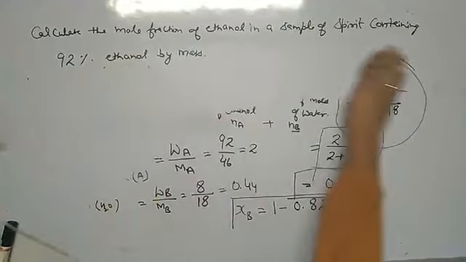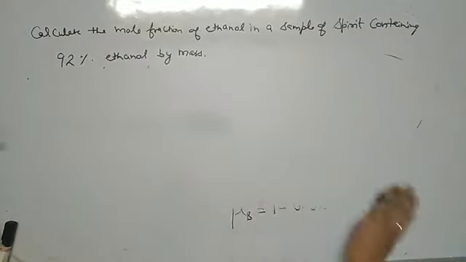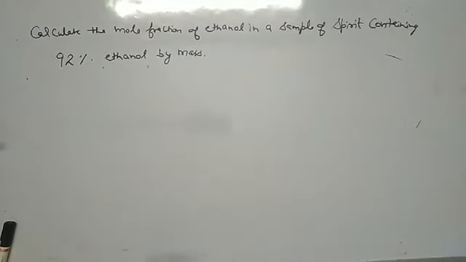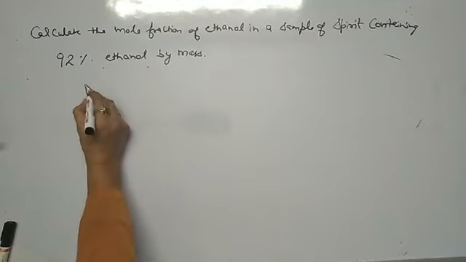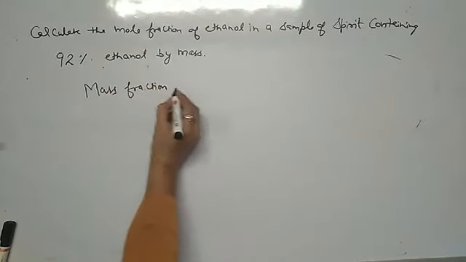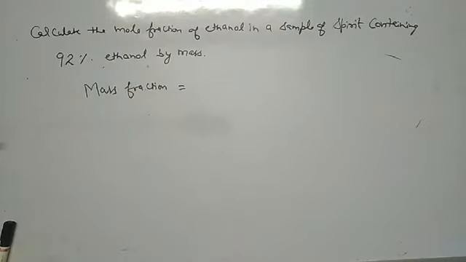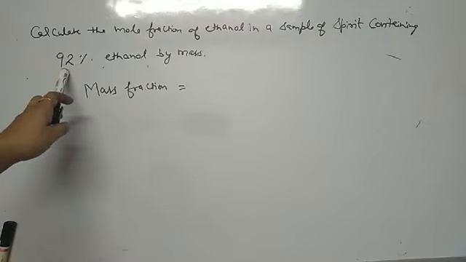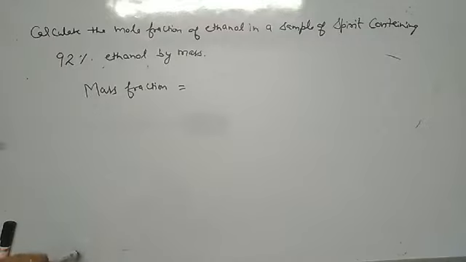Now Ritesh, if they ask about the mass fraction for the same solution, you can take the example of the same solution. How can we find out the mass fraction of ethanol and water? What will be the mass of ethanol? 92. Good.